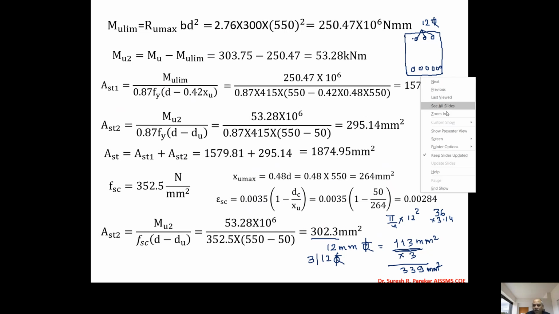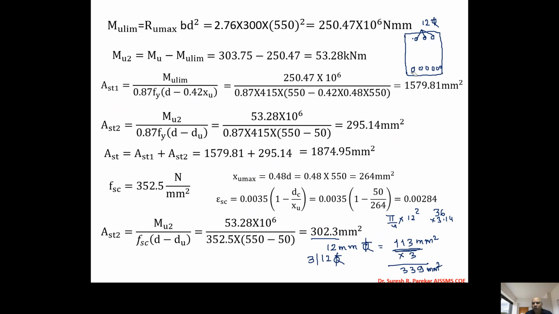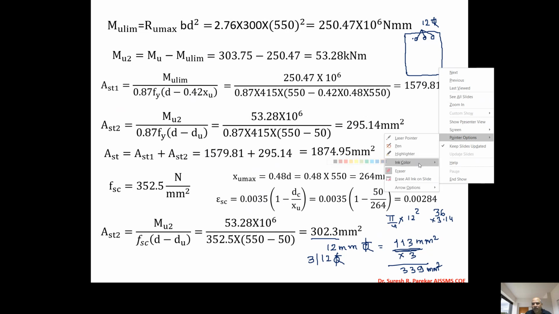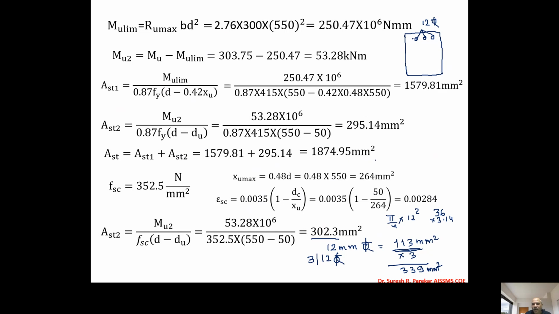Always show it properly. It should not be haphazard. So we will have 1, 2, 3, 4, 5, and 6, so 6 bars of 20 torque.